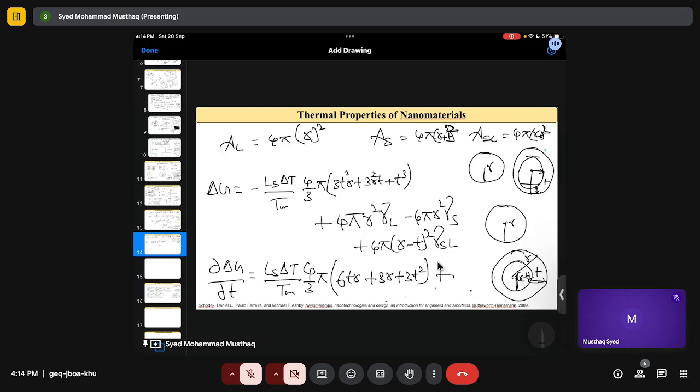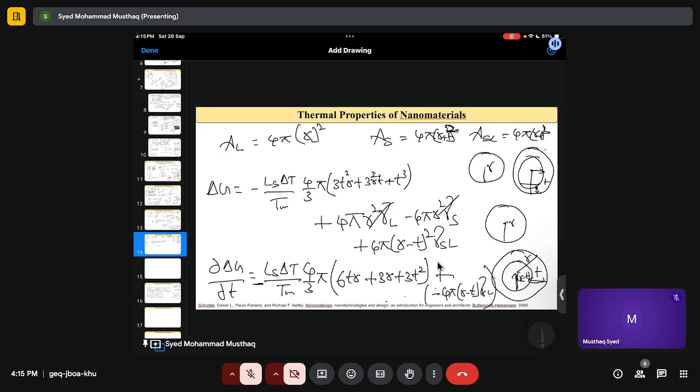So R square will go away because there is no T term, and the only thing that we are left with is minus of 4 pi (R minus T). Because when you do the differentiation, you will be left with 2, right? So hope it is not very tough maths. And then you will have this, guys.